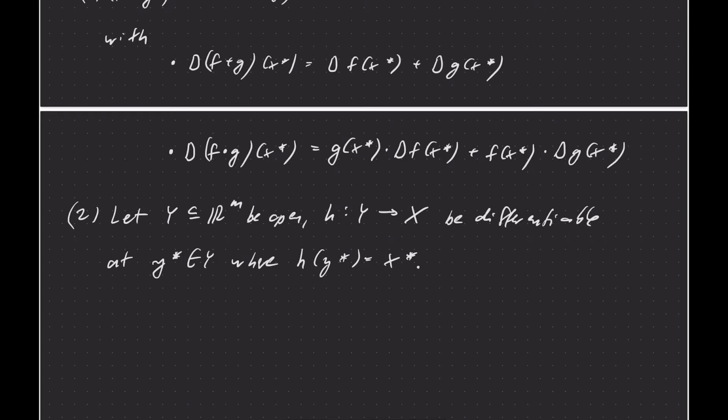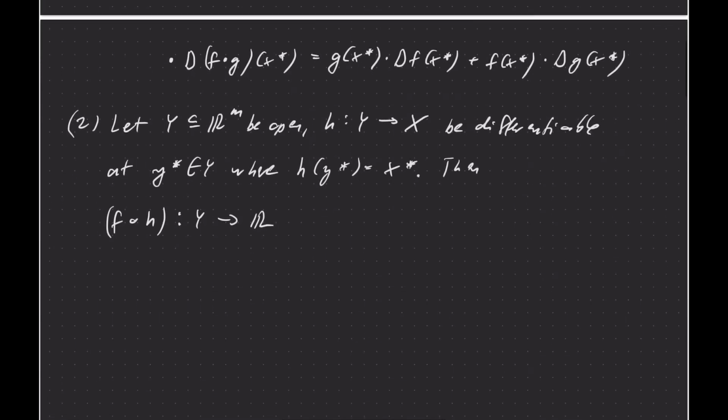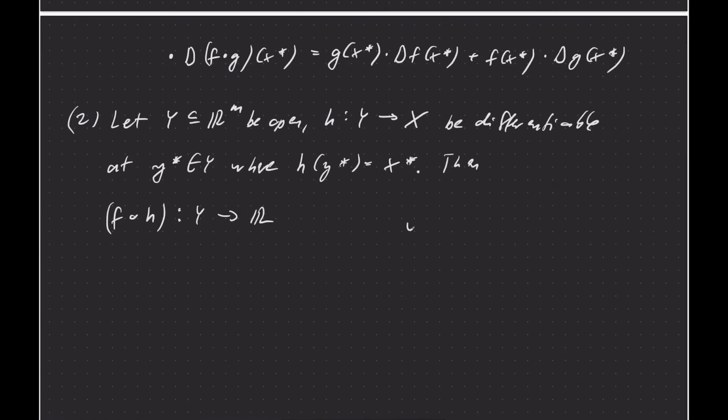Okay, and what we want to look at is the function f after h. That is then a function from y to R. Let me sketch that briefly. So we have y. Then we have the function h that maps y to x. Possibly not the whole of x, but at least part of it.